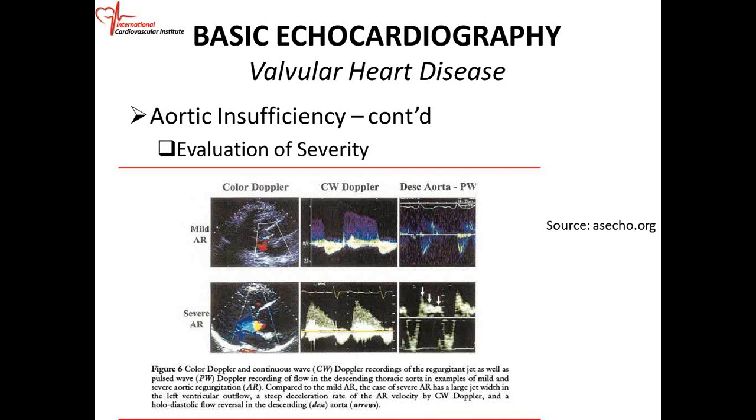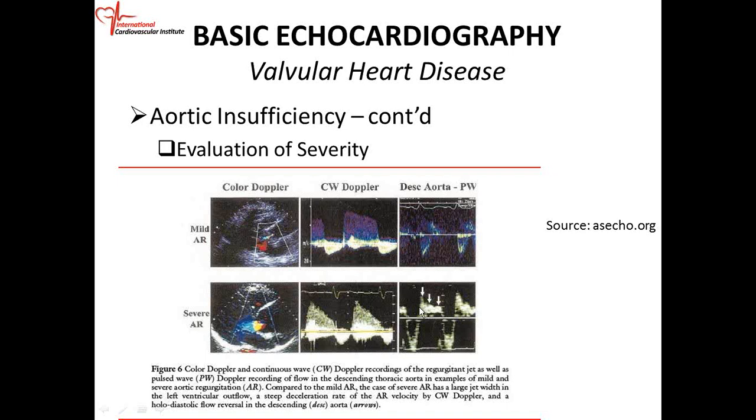Everybody can see that? Okay, with severe, you get a diastolic flow reversal in the descending aorta. So all through diastole, the flow is reversed. You're supposed to get a little bit of flow down here in diastole, okay? Systolic flow, suprasternal notch, a little bit of diastolic flow here.